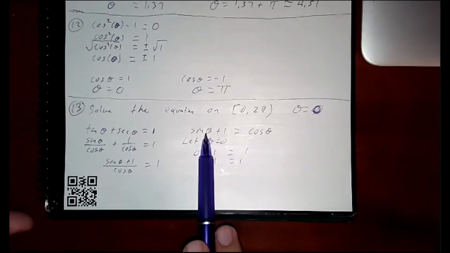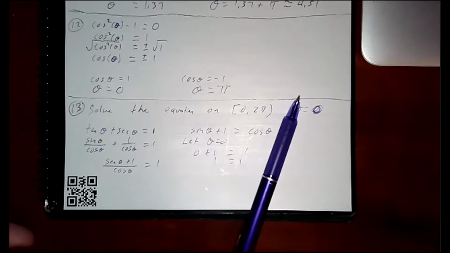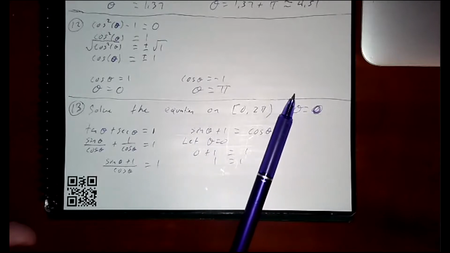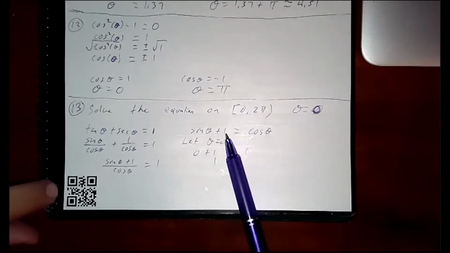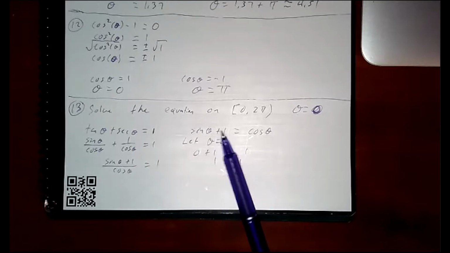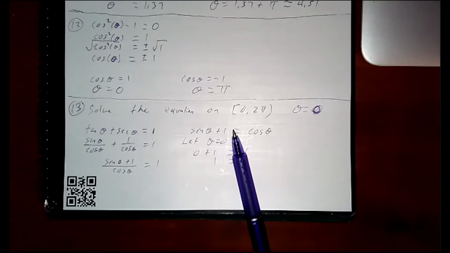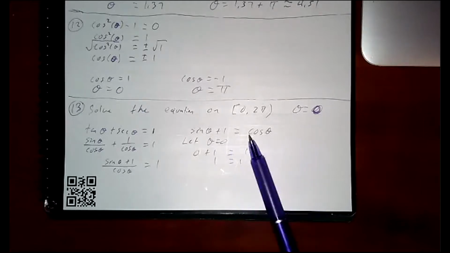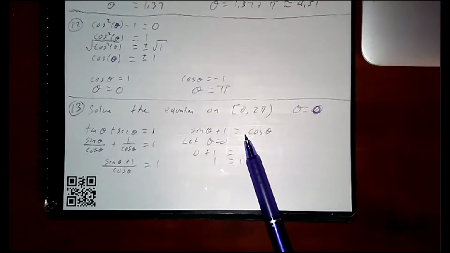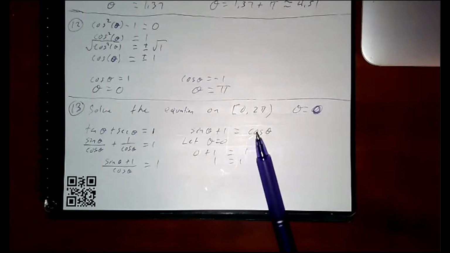3 pi over 2 is right there. No, see how that should work. 1 second. 3 pi over 2 would be 0 for cosine, 0 for sine. Doesn't make sense.